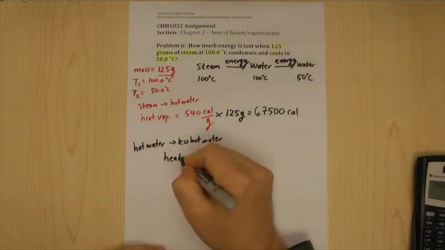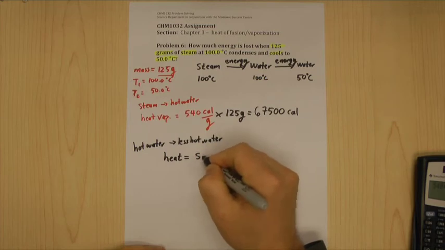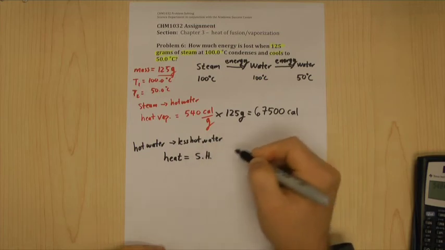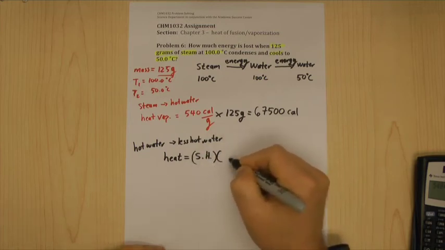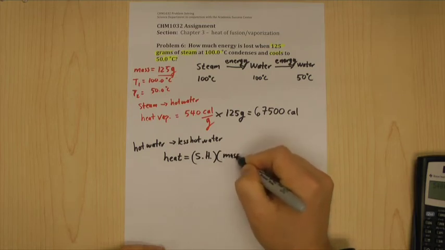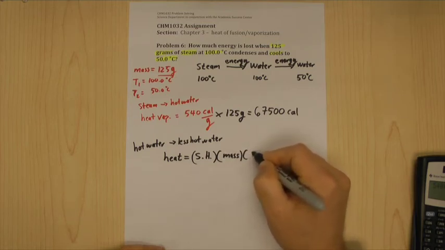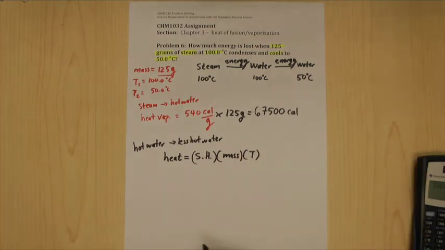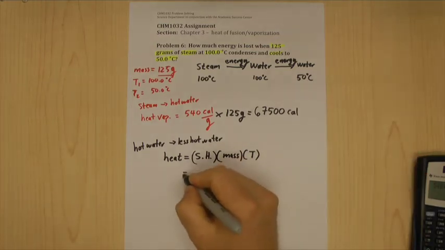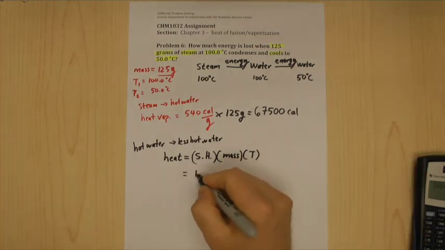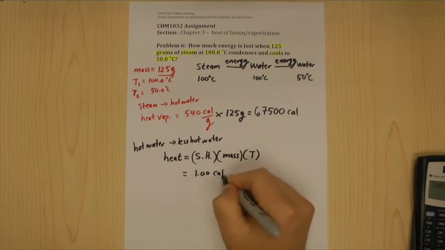Heat equals specific heat, I'll just abbreviate that SH, multiplied by mass multiplied by the change in temperature. So specific heat of water is 1.00 calories per gram degrees Celsius.